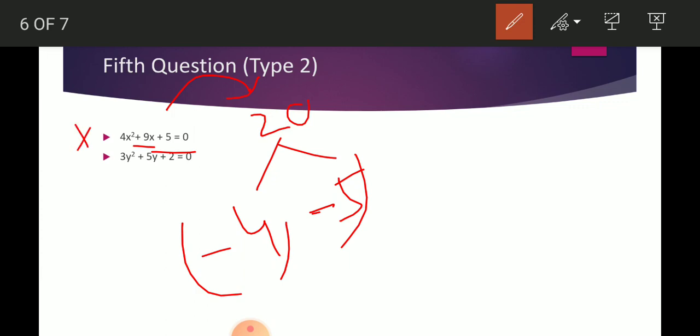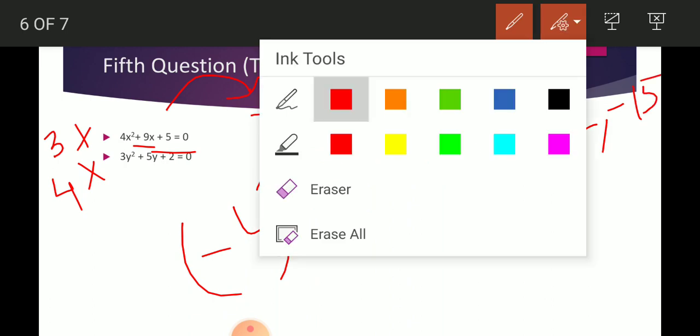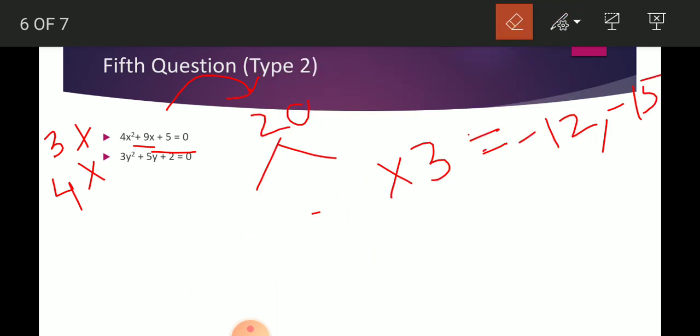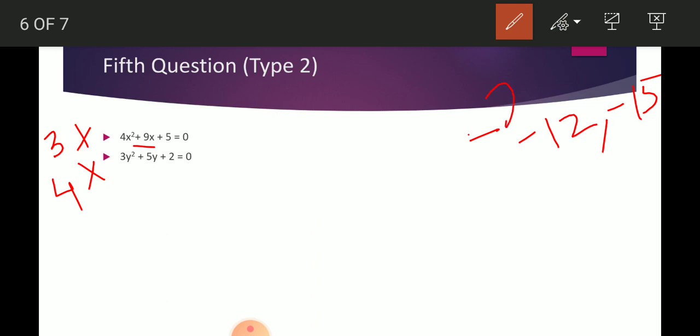That can be done if we multiply the first equation by 3 and the second equation by 4. So the values of x will be minus 12 and minus 15. These are our x values.